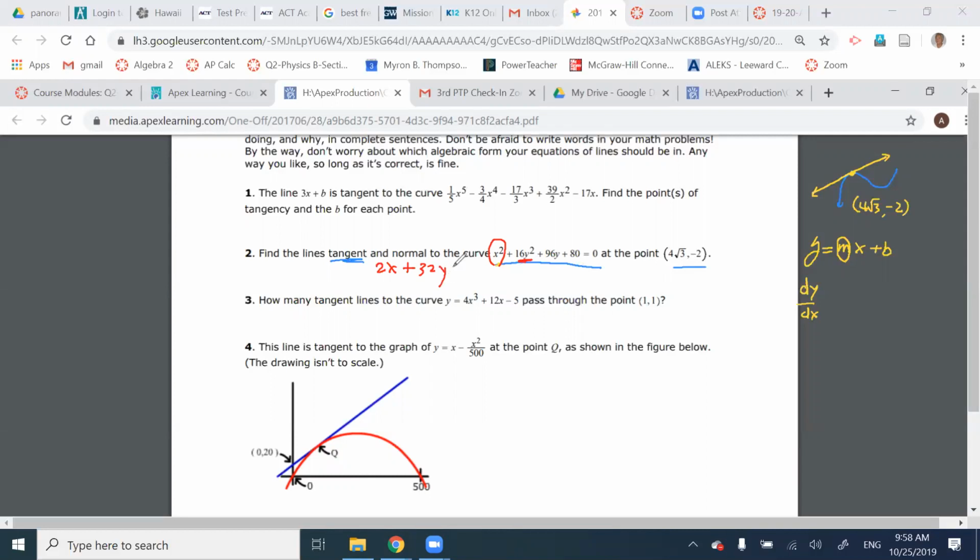Y, and then? But we're looking for dy/dx. So this is 32y, and then don't forget you have dy/dx here. Armando, understand? Because we're doing chain rule.